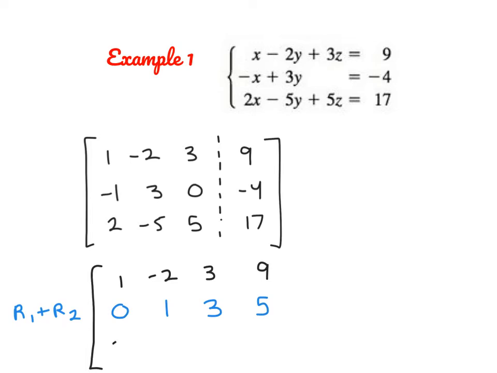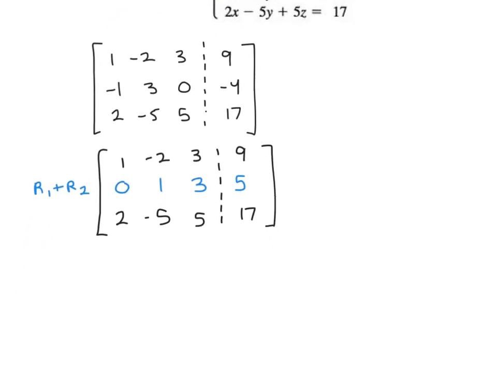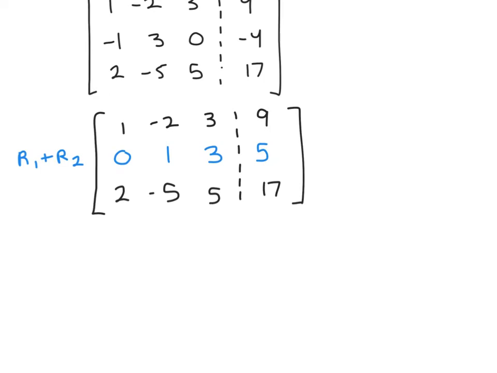And then we haven't done anything to our third row yet. So that was actually a really nice step because not only did we create our 0, this next term just happened to be a 1. So actually our second row is complete in our transformation to row echelon form.